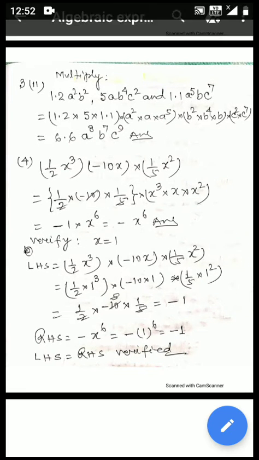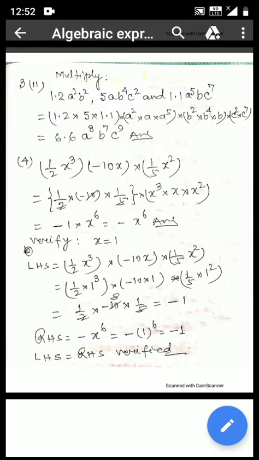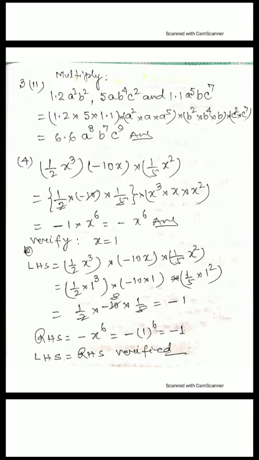Similarly, question number 4, multiply and verify it. 1 by 2 x cube multiply minus 10x multiply 1 by 5 x square.